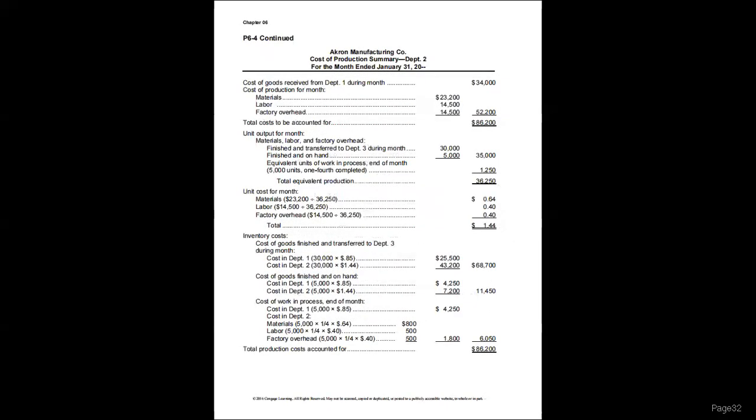So we have now your cost of goods received of 34,000. Then we add the cost of production for the month. Given are the cost of materials equal to 23,200, then labor 14,500 and factory overhead the same. So we have now the total cost to be accounted for of 86,200.